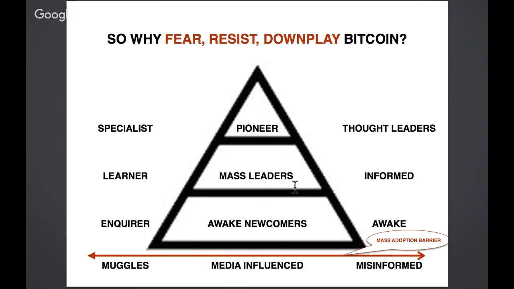Then came the mass leaders. These are the people who built a whole cryptocurrency ecosystem around it. I would not call Vitalik Buterin, the creator of Ethereum, a pioneer just yet, because he literally borrowed the idea, but he's a mass leader because he's basically led a new revolution on the back of what the pioneers started.